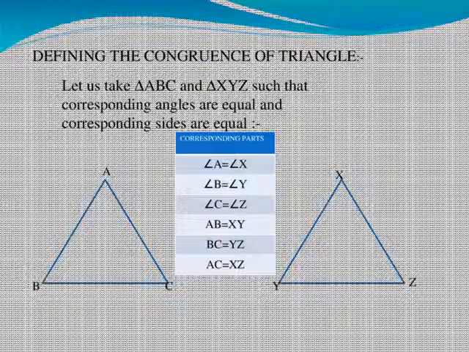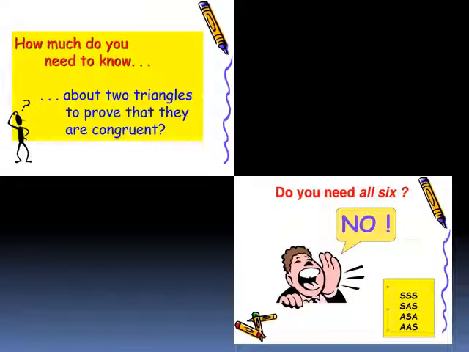Try to think hard: every time we have a question of congruence, do we have to see all the six parts? Next we will discuss this. Do we need all the parts for proving two triangles to be congruent? The answer would be no. We don't need all the six parts.